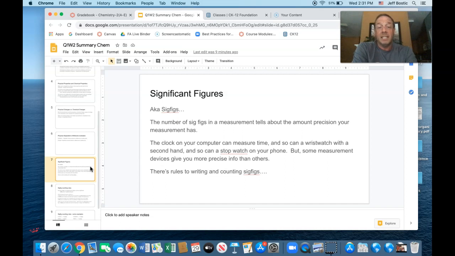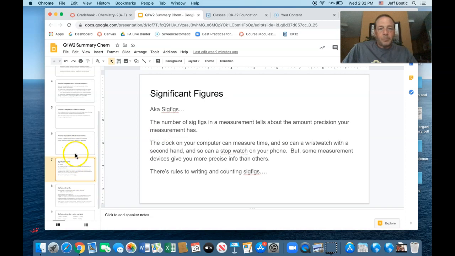One gives us seconds, and one gives us milliseconds. So when you write these measurements of time down, you will see more digits when you measure time using a stopwatch compared to a wristwatch with a second hand. And that wristwatch will give you more digits compared to just the clock on your computer.